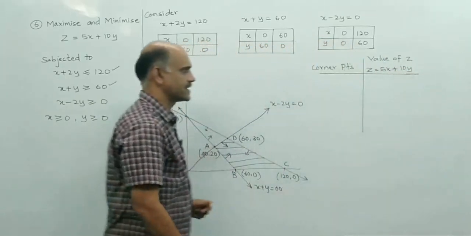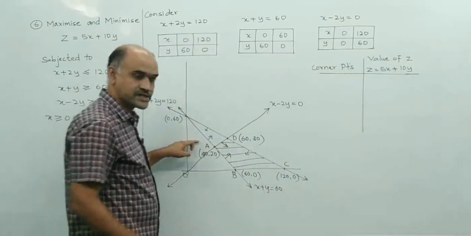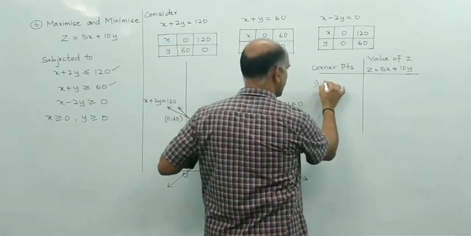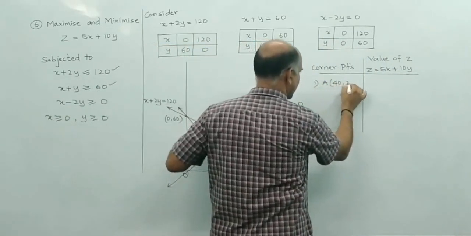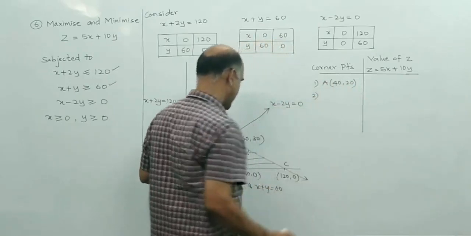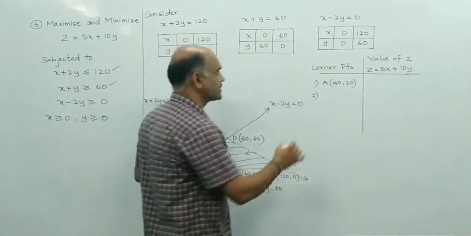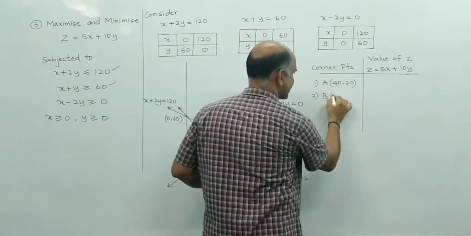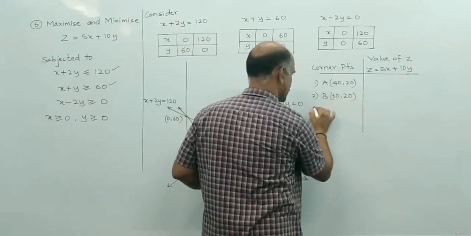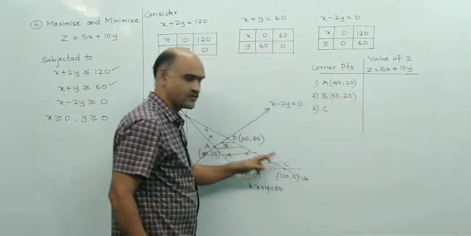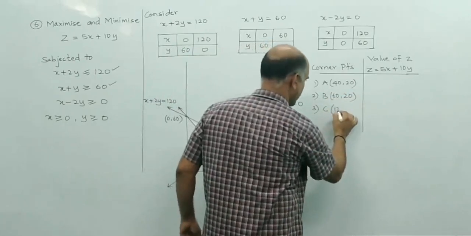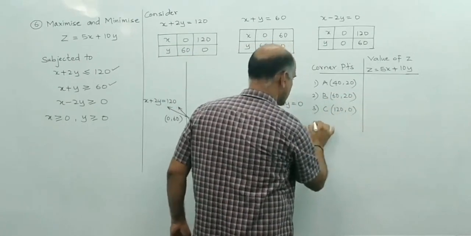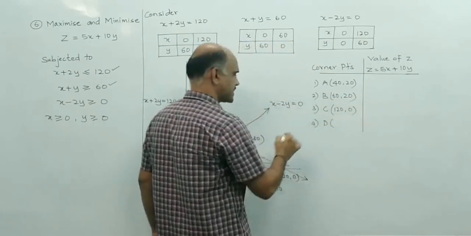Corner points: first one is A, 40, 20. Second B, 60, 0. Third C, 120, 0. Fourth D, 60, 30.